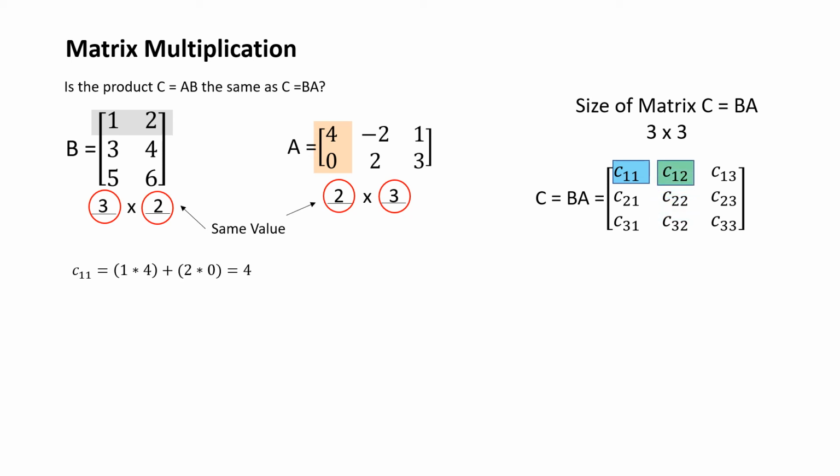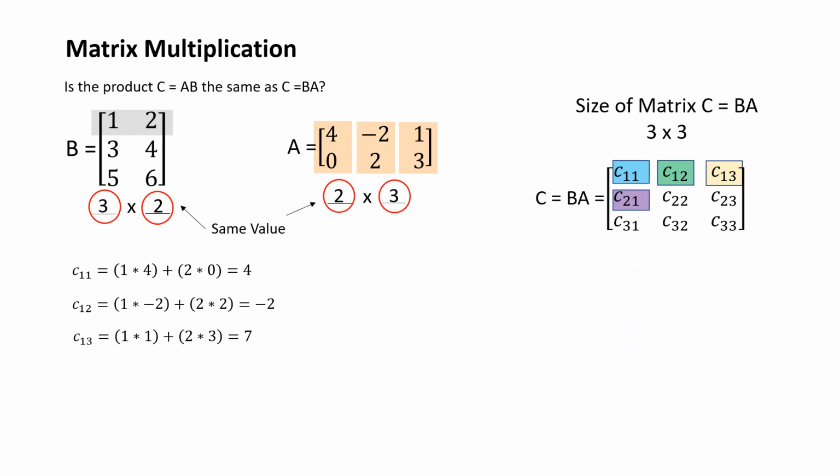Next, to determine the coefficient C12, we must take the dot product of the first row of B with the second column in A. And to determine coefficient C13, we take the dot product of the first row in matrix B with the third column in matrix A to get a value of 7.